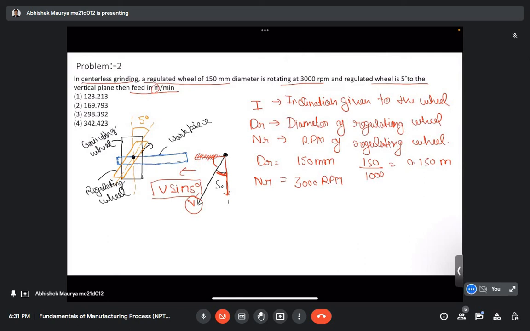I told you that in order to find the feed, first we have to find this velocity v, and this velocity is given by 2 pi into the radius of the wheel into omega, and this omega should be in radians per minute.